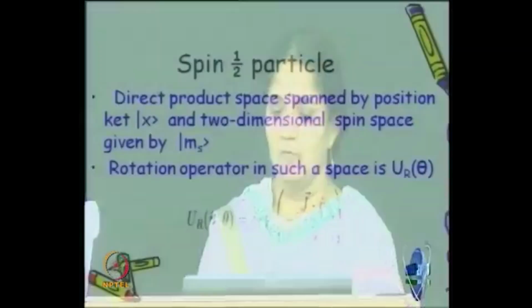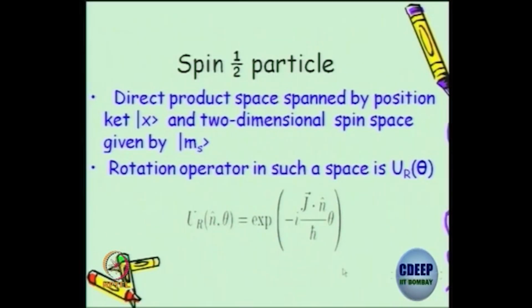We had an exponential of, this we had extensively discussed in the earlier lectures, j dot n, but j is composed of the sum of two, orbital angular momentum and spin angular momentum. That sum has to be seen in the direct product state as LZ will operate on the LML, SZ will operate on the MS. You have to remember that.